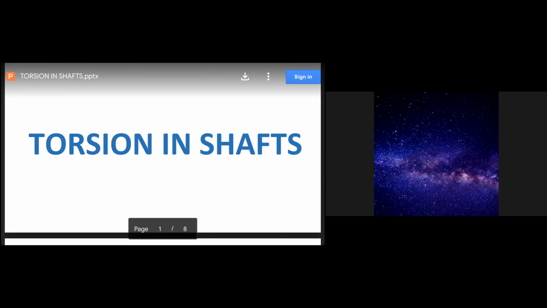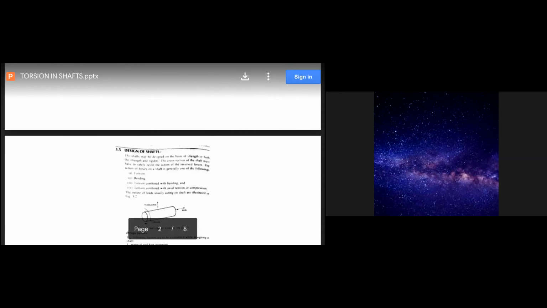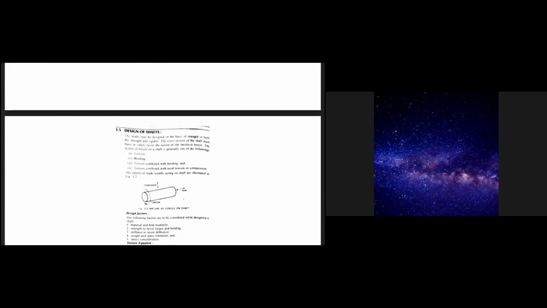Okay, for that, design of shaft. See here, if it is a cylindrical rotating element, three types of forces are produced: torsional forces, transverse forces, axial forces.